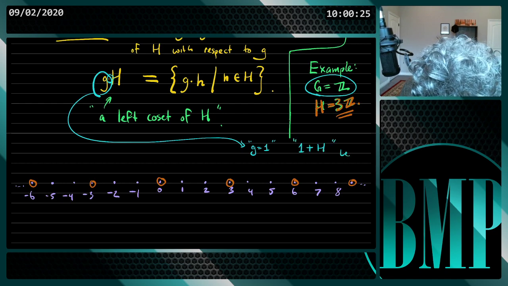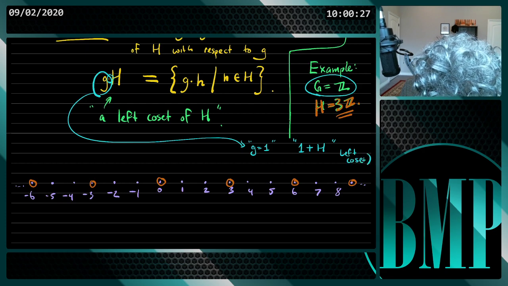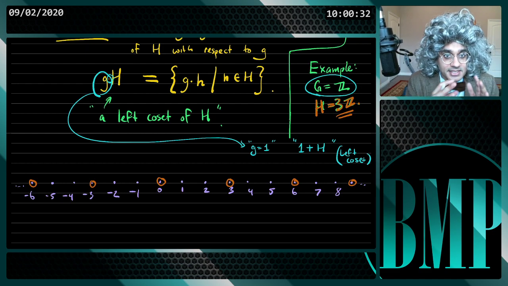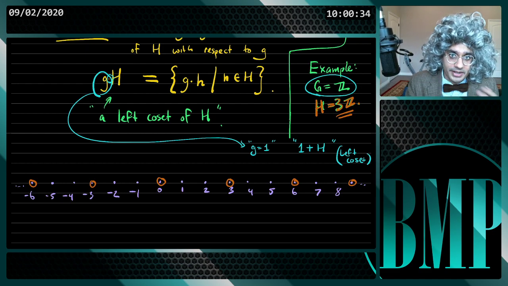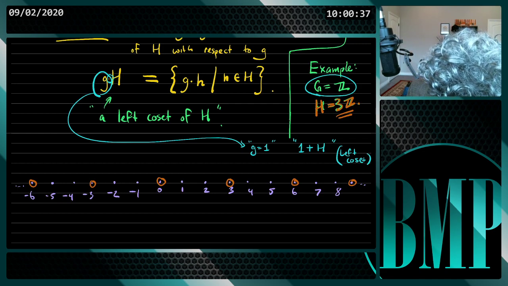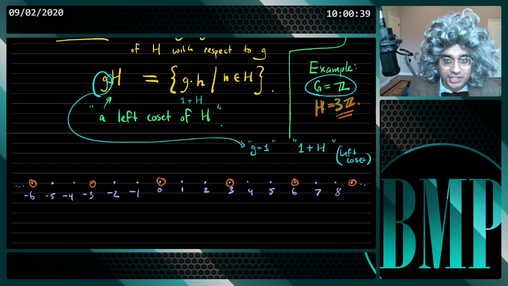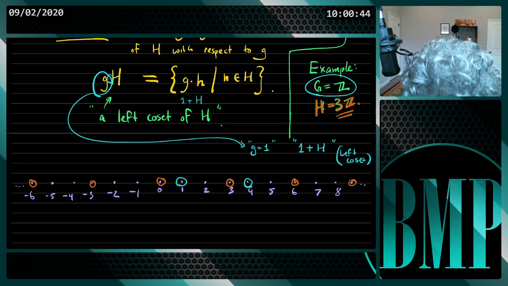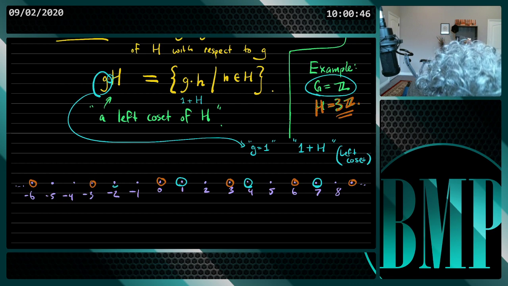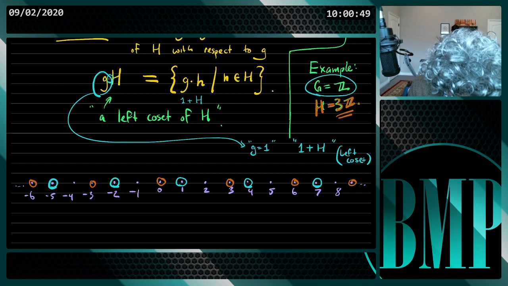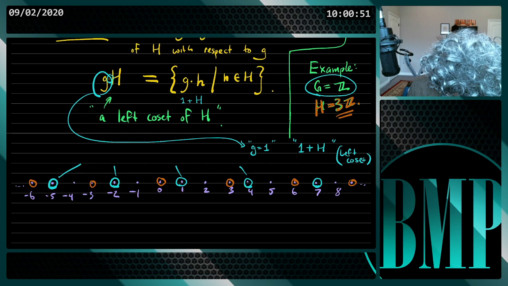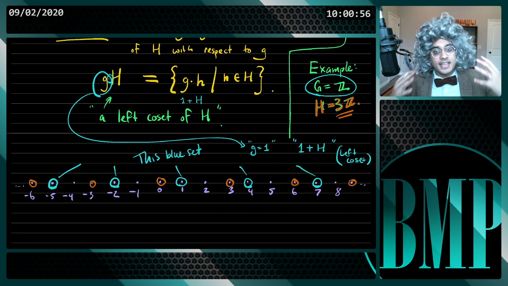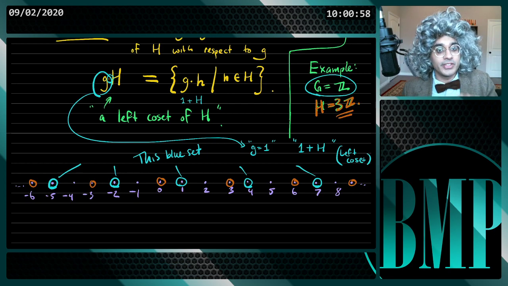This left coset. 1 plus H. What is it? It's every element of H plus 1. It's 1 plus everything in H. So you get 1 plus 0, 1 plus 3, 1 plus 6, etc. So this blue set is a left coset of the orange set.